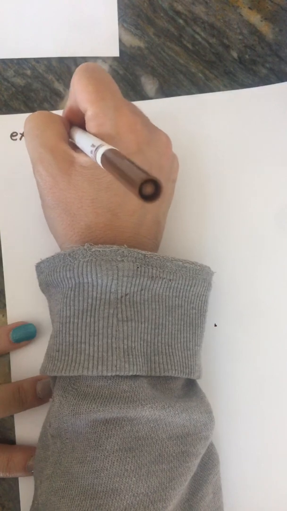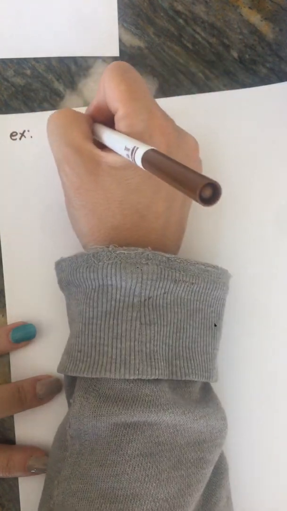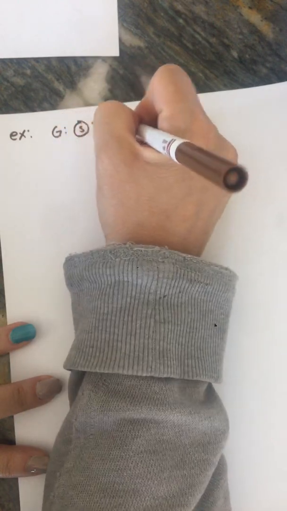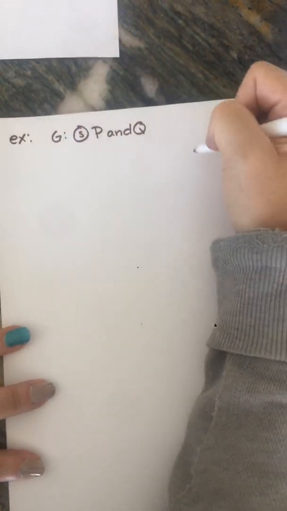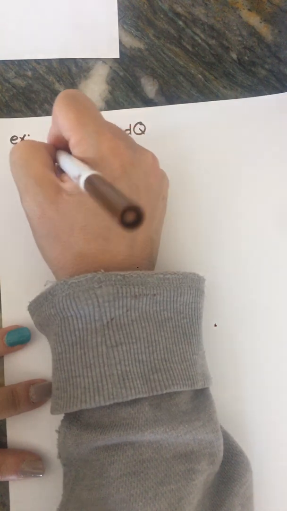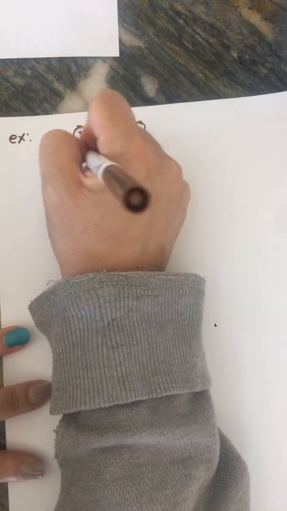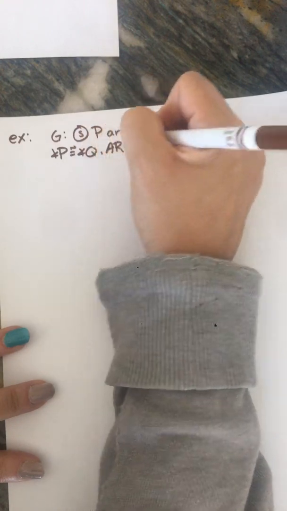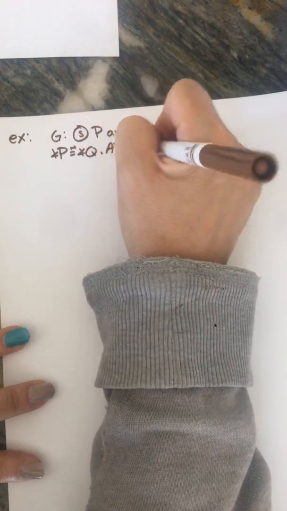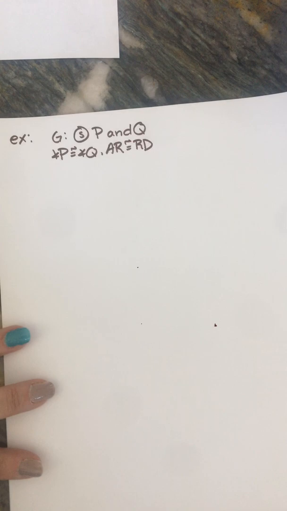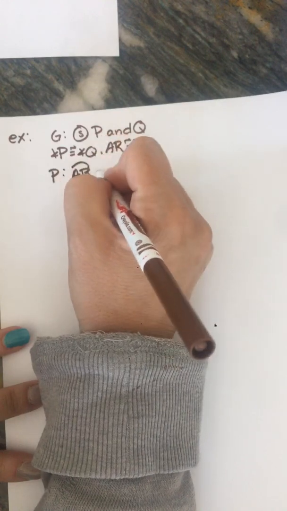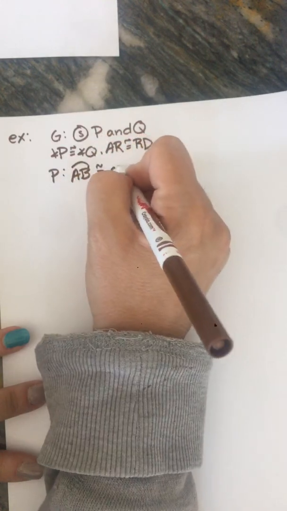So we are given circles P and Q. We know that angle P is congruent to angle Q, and AR is congruent to RD. That's our given. We're going to prove that arc AB is congruent to arc CD.